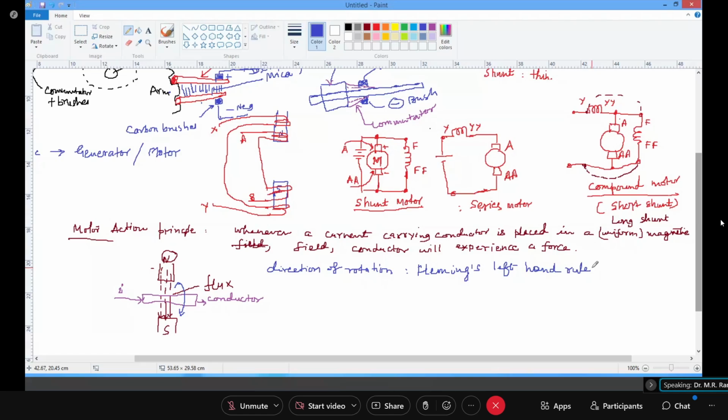You are in the right direction but not clear. Wait a minute. Durgesh: the index finger shows the direction of the field, the middle finger shows the direction of current, and the thumb shows the direction. Okay, but one point is missing here.